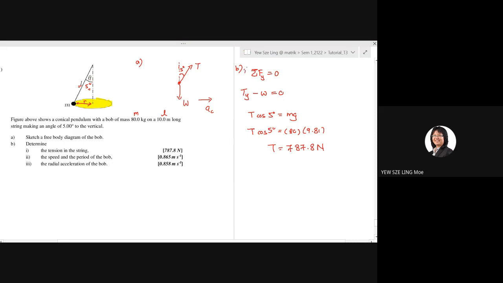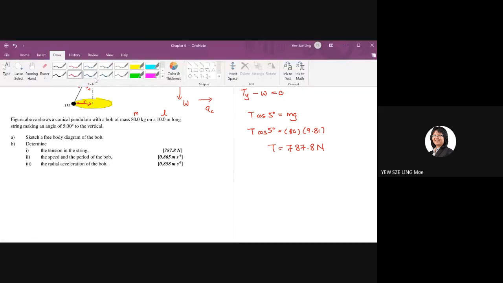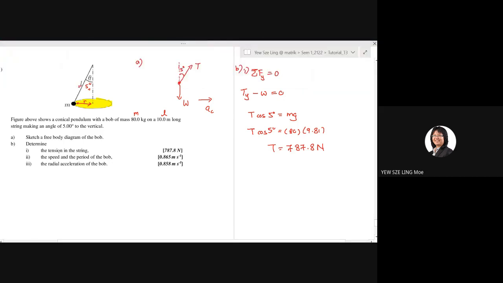So B1. Now let's look at B2, the speed. Speed only happens on the x-axis because a is equal to v squared over R. So for question number 2, we have summation Fx, which equals Fc, which equals mac. Along the x component, I have just one force, which is my Tx.